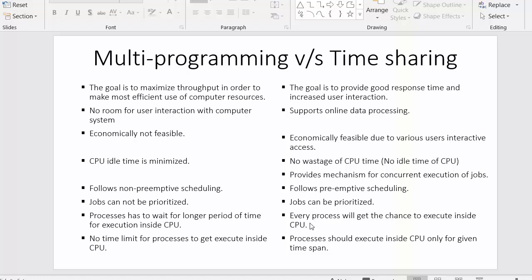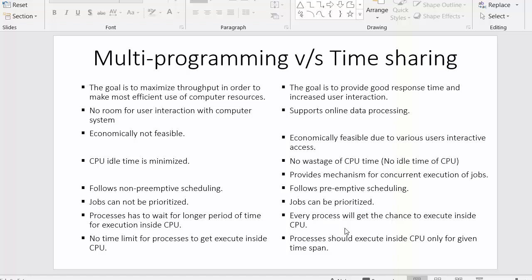But in time sharing system, every process will get the chance to execute inside the CPU. Processes don't have to wait for a longer period of time, because each and every process will get an equal span of time, only that much time that the process needs to get executed inside the CPU.